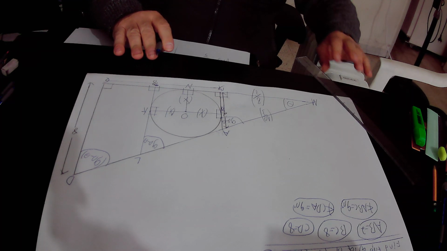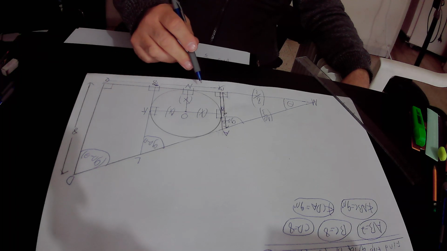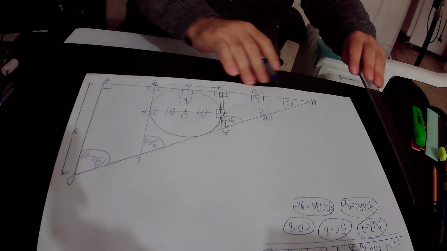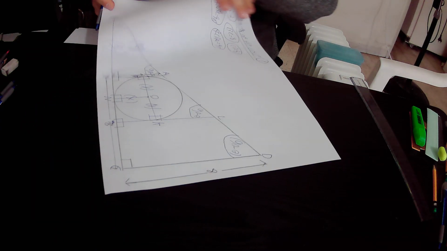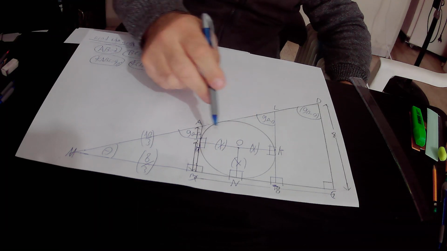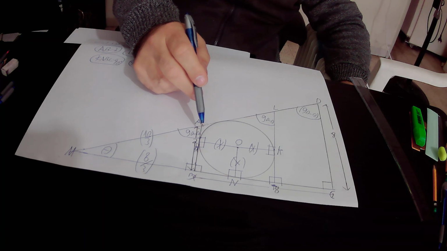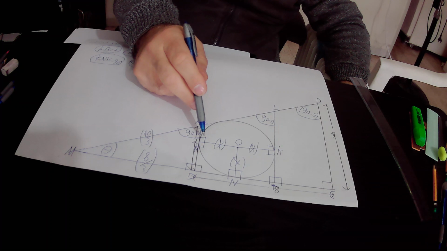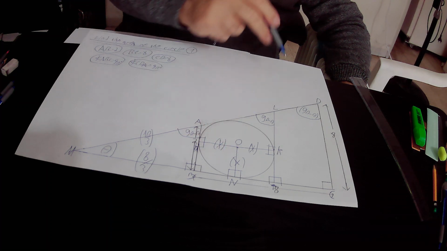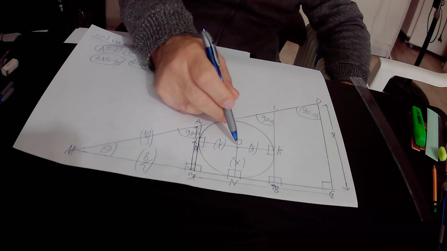In the next step, we will focus on this small quadrilateral, quadrilateral OHBN. Inside this small quadrilateral OHBN, we have 1, 2, 3 right angles. The sum of 3 right angles is 270 degrees, plus the size of the fourth angle.